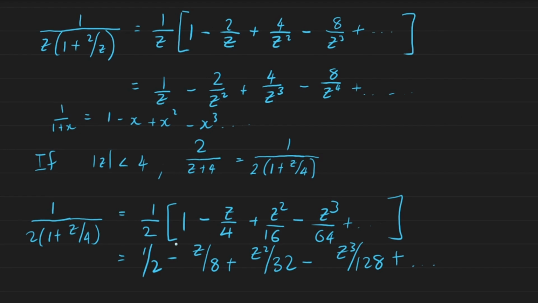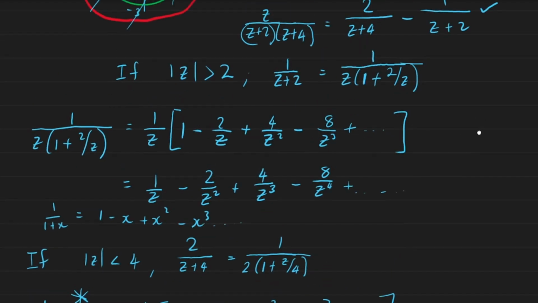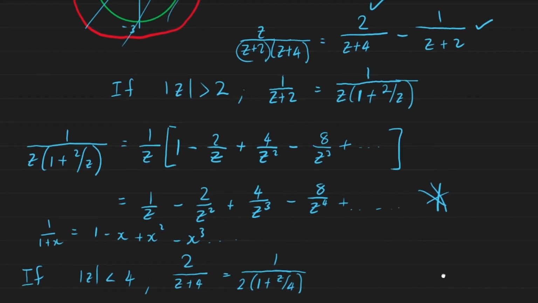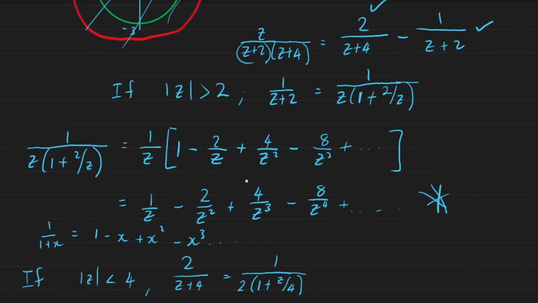So I have this expression, which is the partial fraction corresponding to this one, subtracted by 1 over z plus 2. And we said that 1 over z plus 2 is this particular expansion. What we're going to do is take the expansion for 2 over z plus 4, and subtract from it the expansion of 1 over z plus 2.